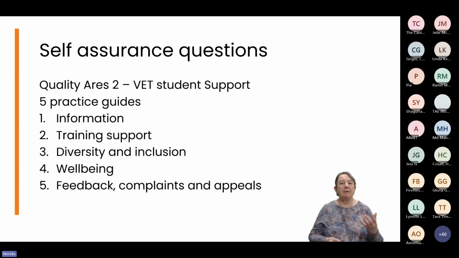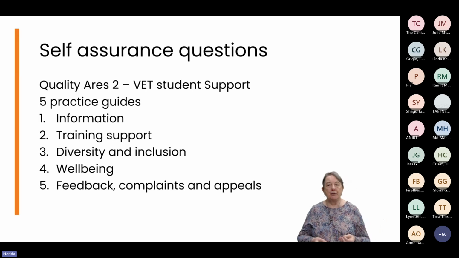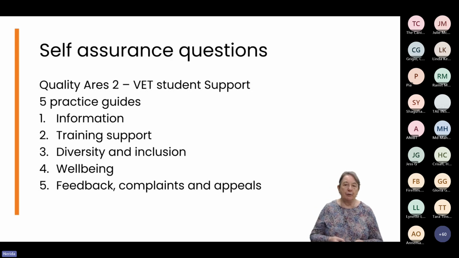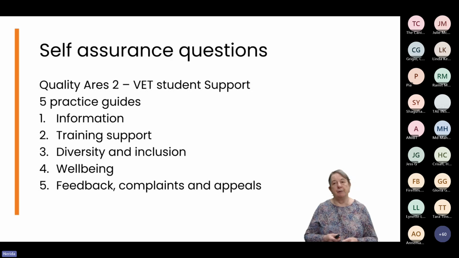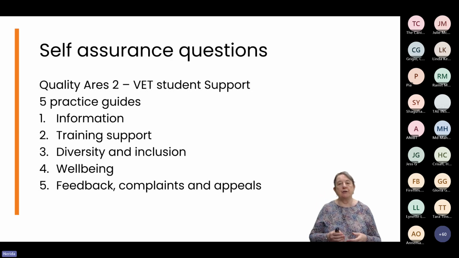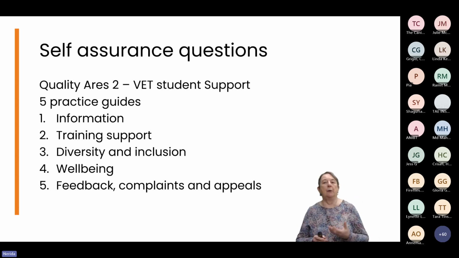So let's just have a little look at the self-assurance questions in the practice guides. They offer a valuable opportunity for an RTO to step back and take a thoughtful look at how their systems are really working. These questions prompt meaningful reflection on what's being done and where there's room to grow and how everyday practices impact learner success. By using these questions to guide regular review, RTOs can strengthen their approach to learner support, inclusion and wellbeing.